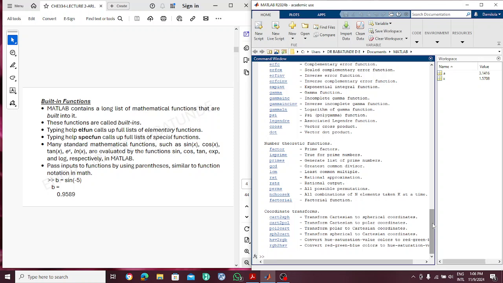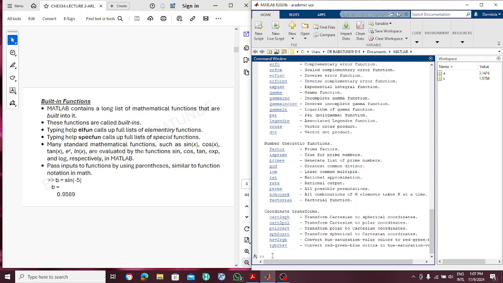Okay, so for most of the functions in MATLAB, what you need to do is similar to how you use functions in mathematics. You get the function, you open a parenthesis and supply the argument that you want to put in it. For example, we can say sine of a value. The value that is going to be input into it is going to be an angle.